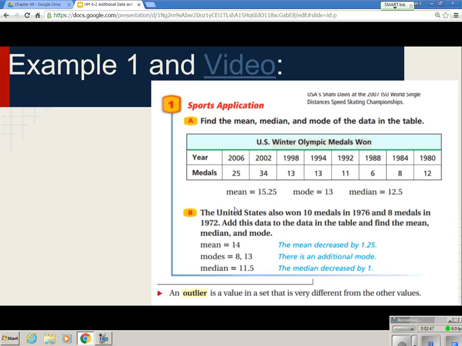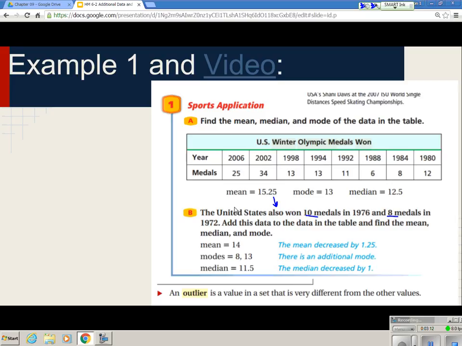The mean changes to 14. Now why would the mean drop? Well, the 2 medal tallies that we added were 10 medals and 8 medals, both of which are lower than 15.25. Now we have 2 modes. 8 happened twice, and the median went from 12.5 to 11.5.